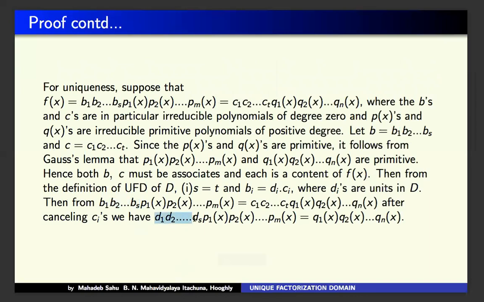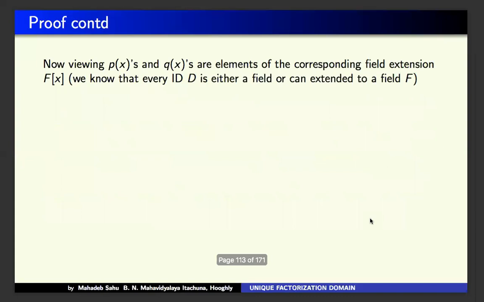Put D1 D2 up to Ds P1(x), take P1(x) from all these and equate it to Q1(x) up to Qn(x). So this implies P1(x) divides one of Q1(x) up to Qn(x).